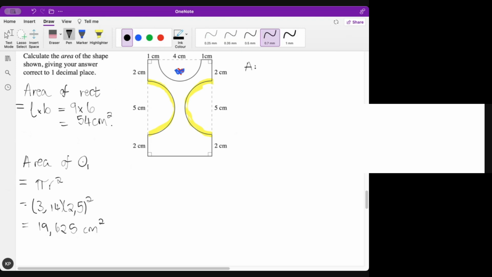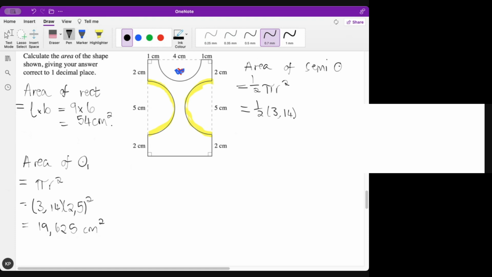So I'm going to say area of semicircle. Is my formula correct? What do I still need to do? Thank you, Alice. Half of that. So this will be a half of 3,14.